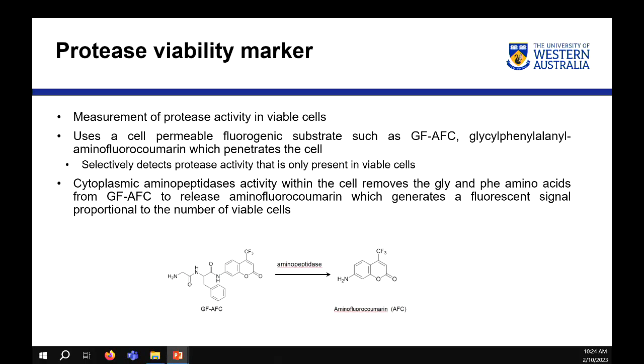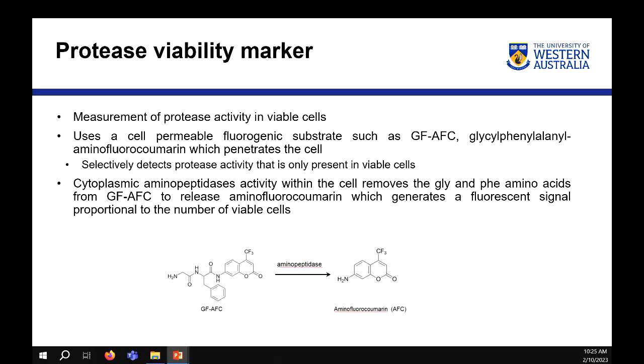So I've talked about metabolism. Here, the protease viability marker is a measurement of protease activity, so measurement of enzymes that are present. Cells use a permeable fluorogenic substrate such as GFAFC. Here's a longer name. And this penetrates the cell. It selectively detects protease activity that's only present in viable cells, because if the cell's not viable, then the proteases kind of disappear.